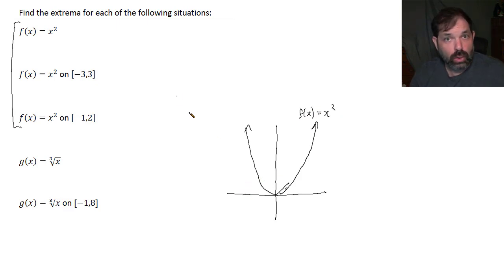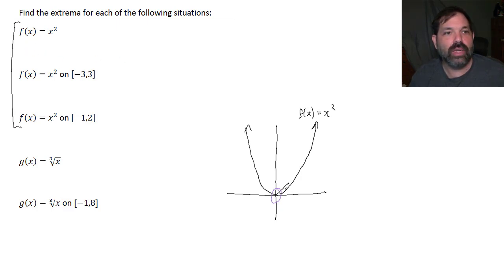So if we were to just look at the entire function x squared, does it have any extrema? Well, we can see that there's an extrema here. I've got to make sure about my names here, right?